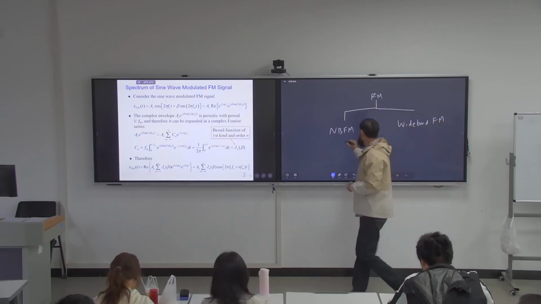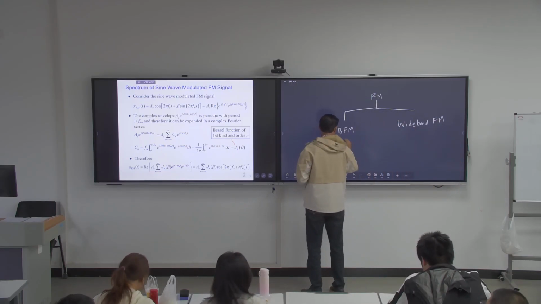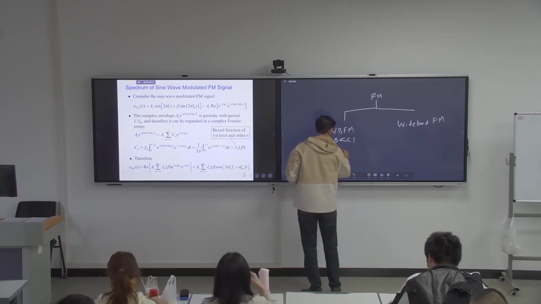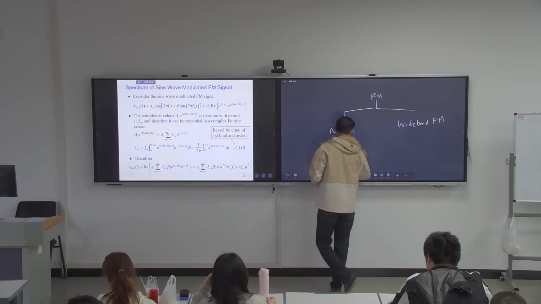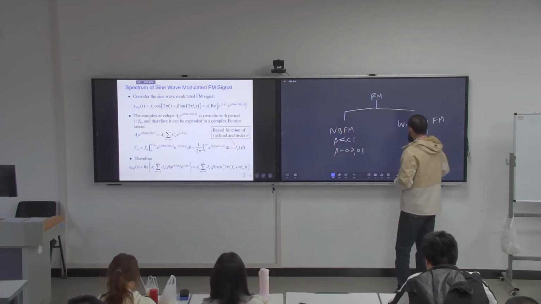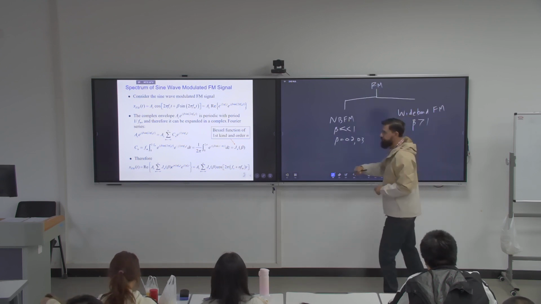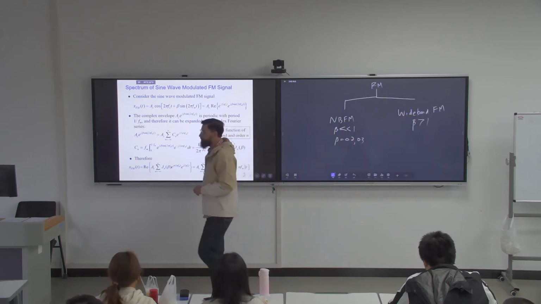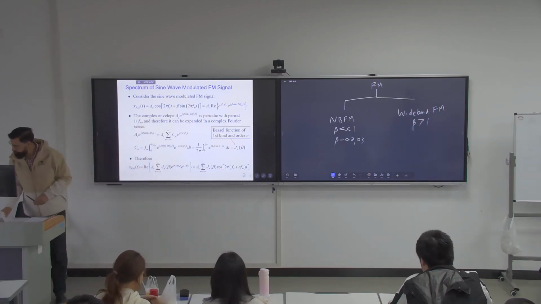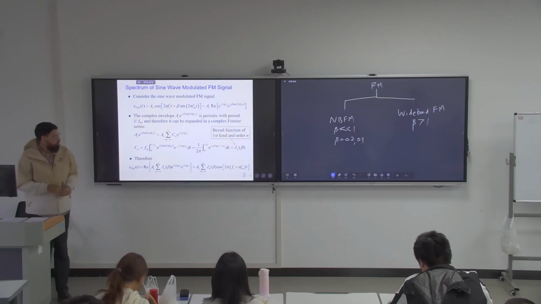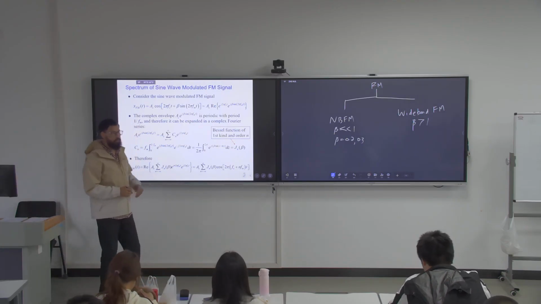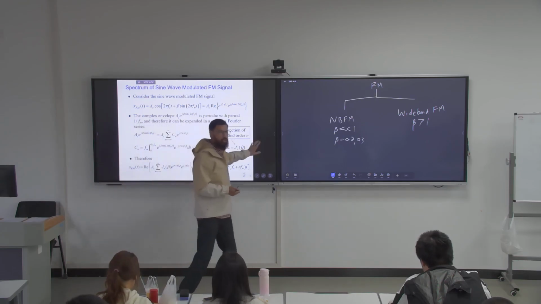For narrowband, beta is less than 1, so normally we take beta as 0.2 or 0.3. For wideband, beta is greater than 1. We did narrowband modulation last time. Now we are doing wideband frequency modulation.